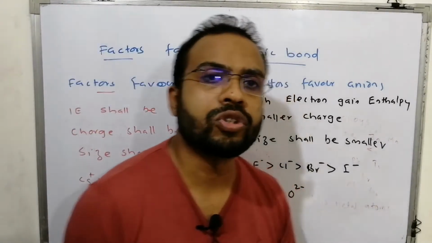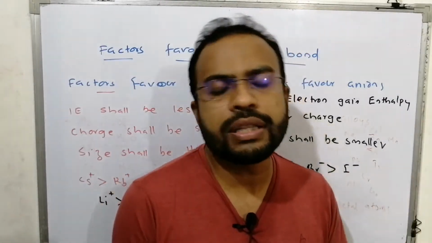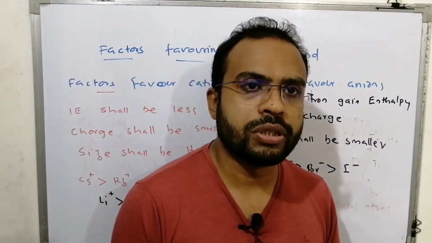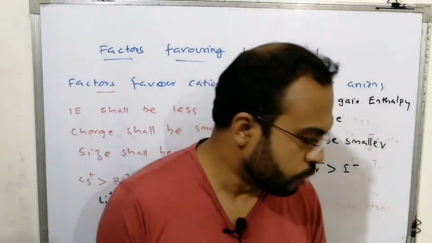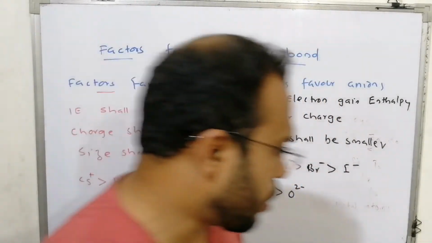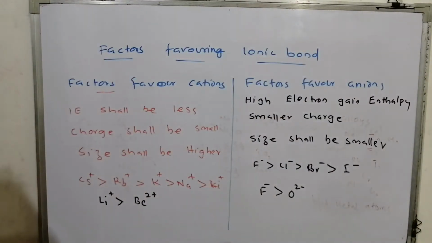Therefore, these are the factors which favor the ionic bond. There is separate factors for cation formation and anion formation.